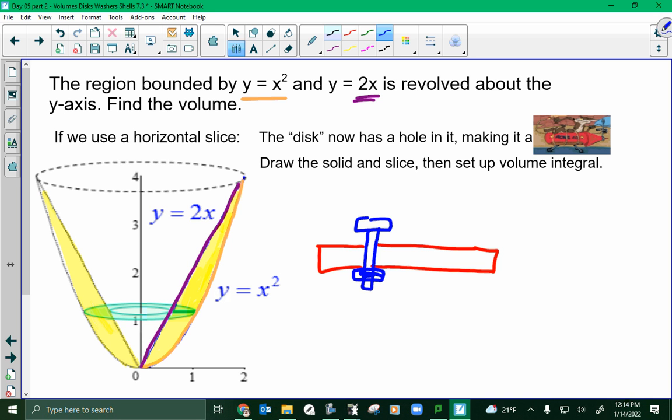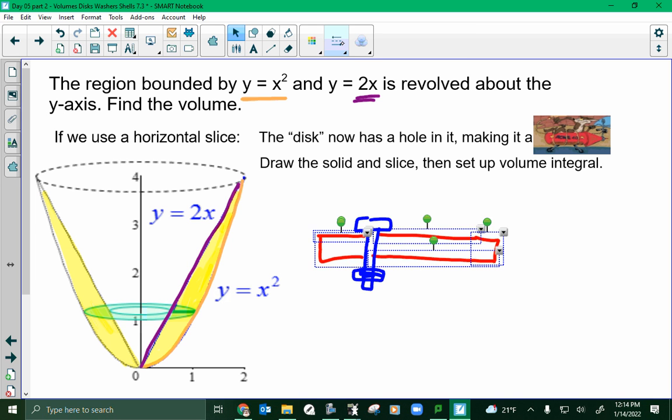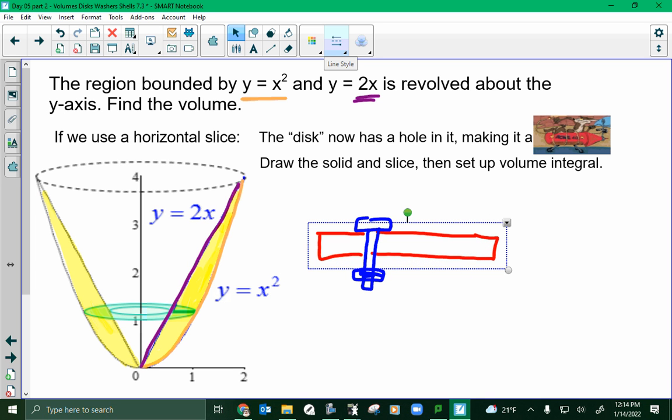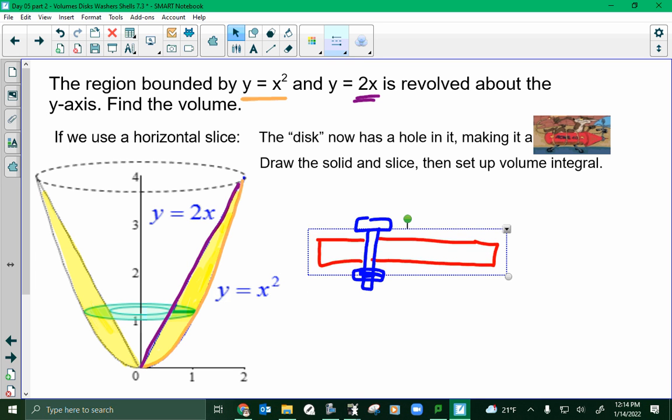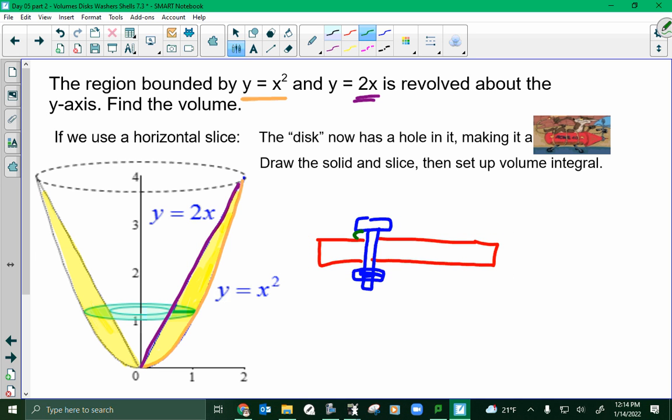But instead of having my wood sit right flush against the screw head there, they put a washer there, and that's why it's called a washer. It's a circle like this, and there's a hole in the middle of it. So the bottom of the screw doesn't touch the wood. This nice flat washer does. And a washer is just that: it's solid with a hole in the middle of it.